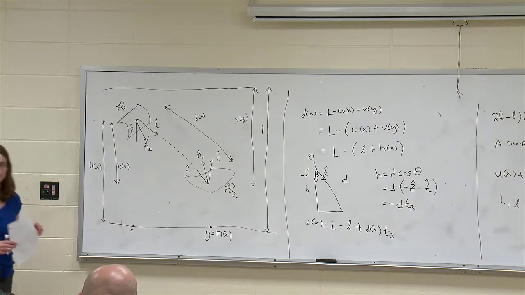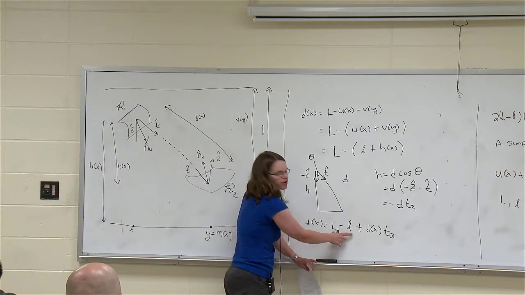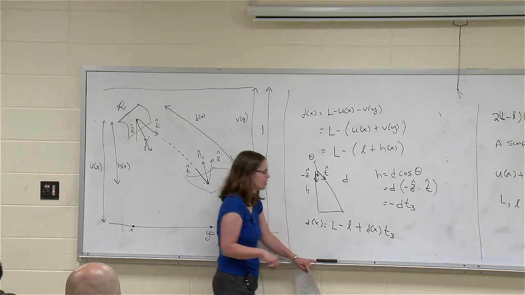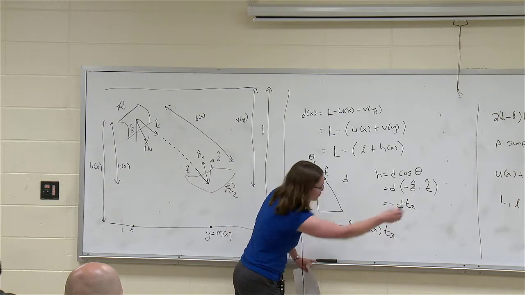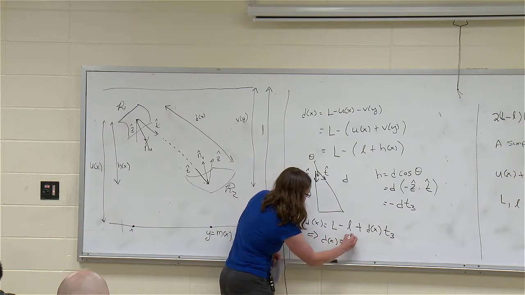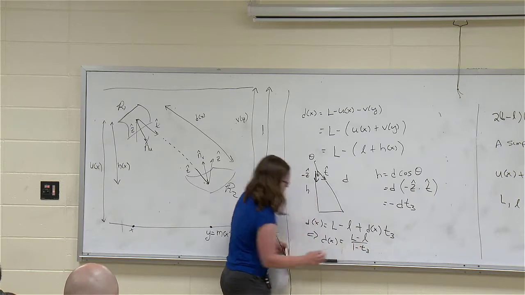And now we're in business, right? Now I can read off an expression for d in terms of things I know. This capital L minus little l was whatever we decided to make them when we set up the problem. t3 we know over there. So what do I have? I have that d of x is going to be L minus l over 1 minus t3.